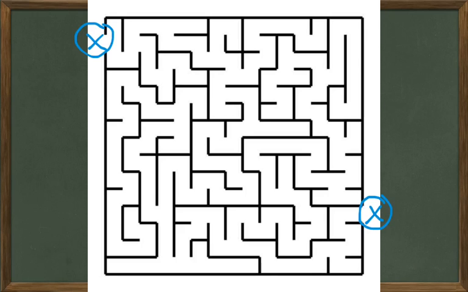You'll see how this works as I get started. You ready? Okay, so we're going to start up here. This is where we enter the maze. So this is our first turn.